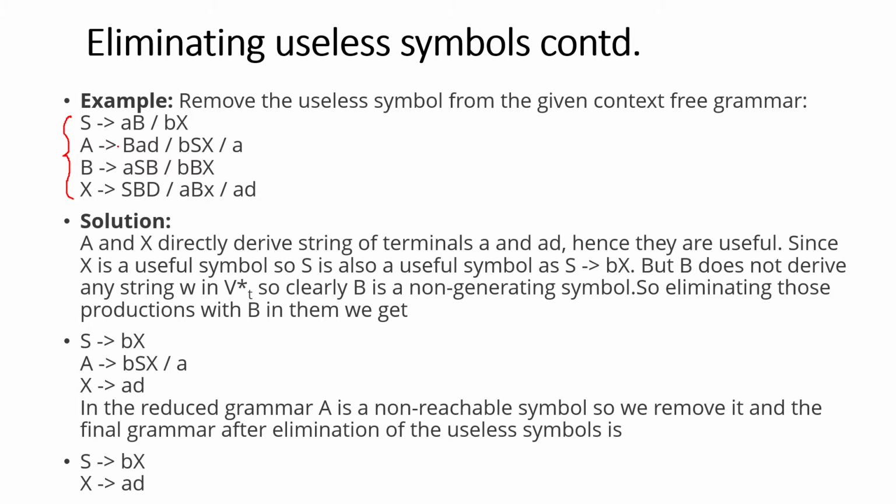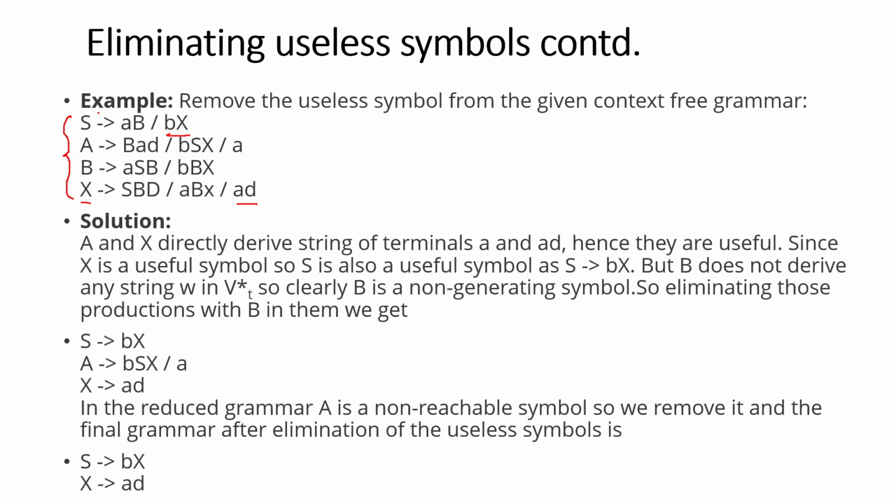We have seen that X is useful because X can generate a terminal string AD, and since X is useful, S is also useful because of this S to bX. b is a terminal and X can reach some terminal. So that means S to terminals creation is possible. That means this symbol S is also useful.